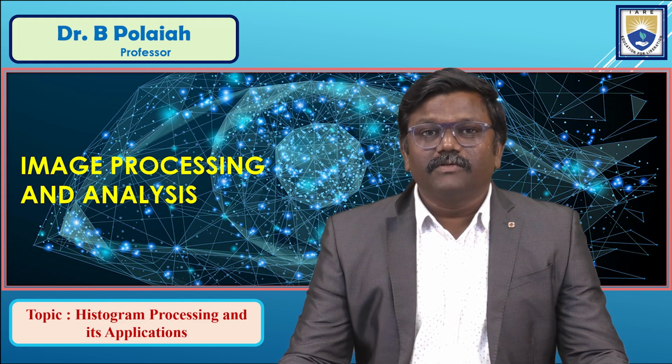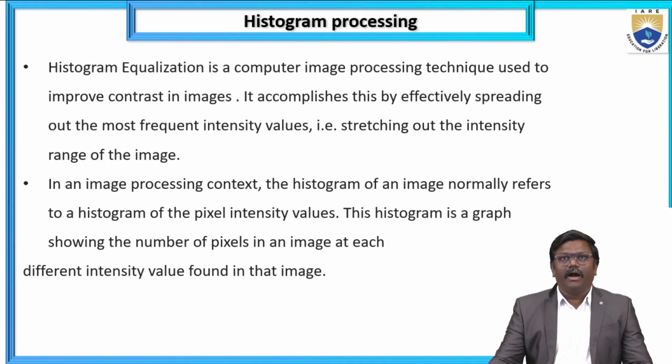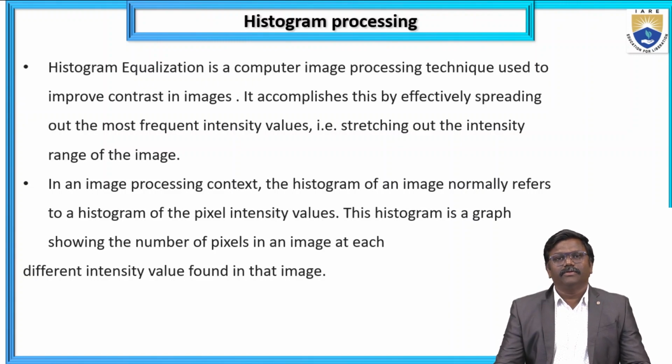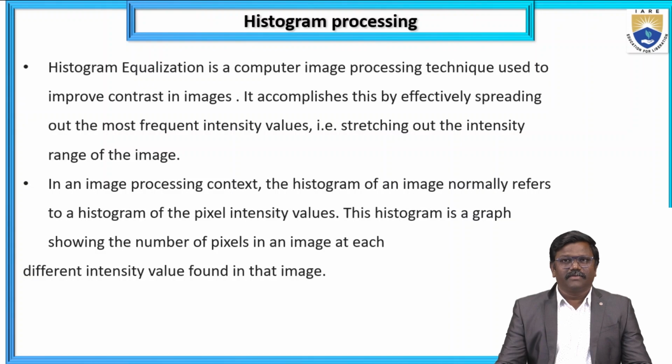So histogram processing, which we are going to understand here, is defined with the help of histogram equalization. Histogram processing is a computer processing technique which is used to improve the contrast in an image. It accomplishes this by effectively spreading out the most frequent intensity values, that is, stretching out the intensity range of the image.